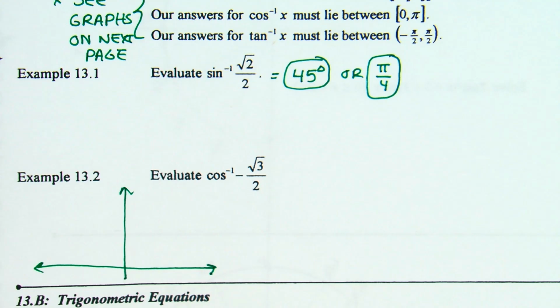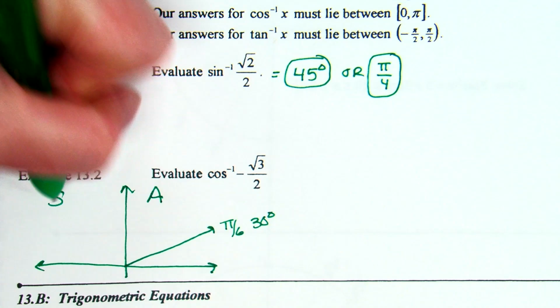Now, I drew it without asking. This is cosine inverse, right? Cosine inverse, possible answers happen in quadrant 1 and 2, yes? This is asking for the cosine inverse of negative square root of 3 over 2. So do I want the quadrant 1 answer or the quadrant 2 answer? I want the quadrant 2 answer because this is all students, so cosine is going to be negative over here.